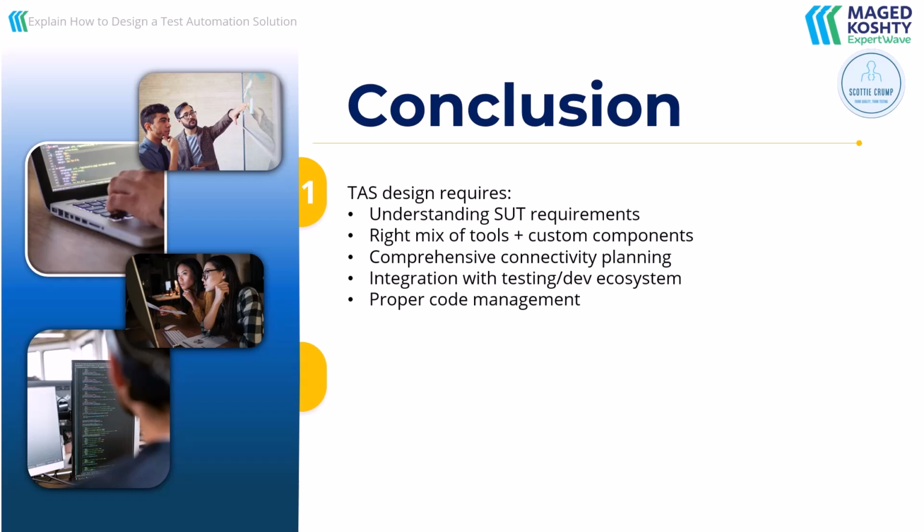By taking this comprehensive approach, you'll create a test automation solution that not only meets your current needs, but can evolve with your application over time. Test automation is a journey, not a destination. Your solution will continuously evolve as your application changes and as new tools and techniques emerge.